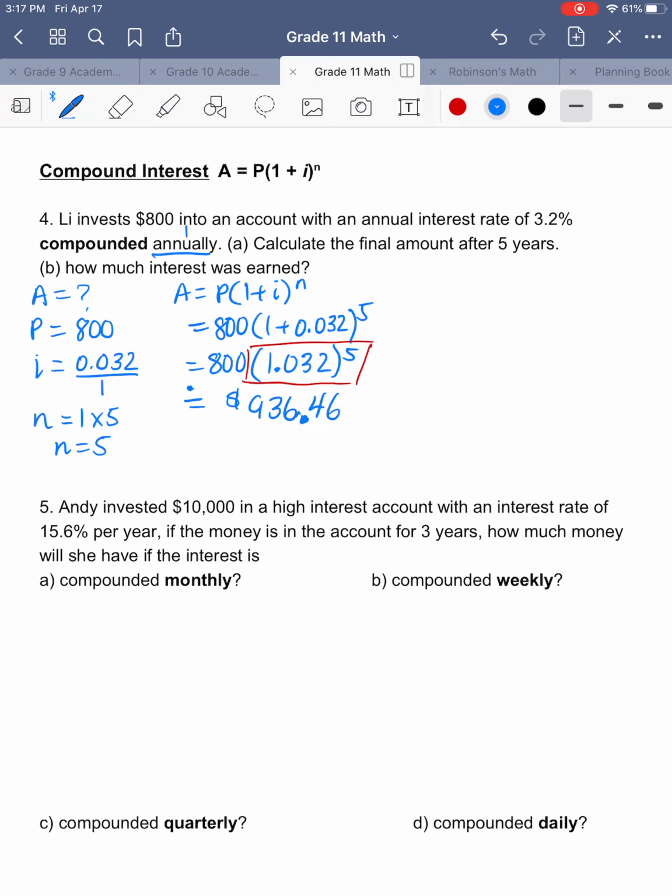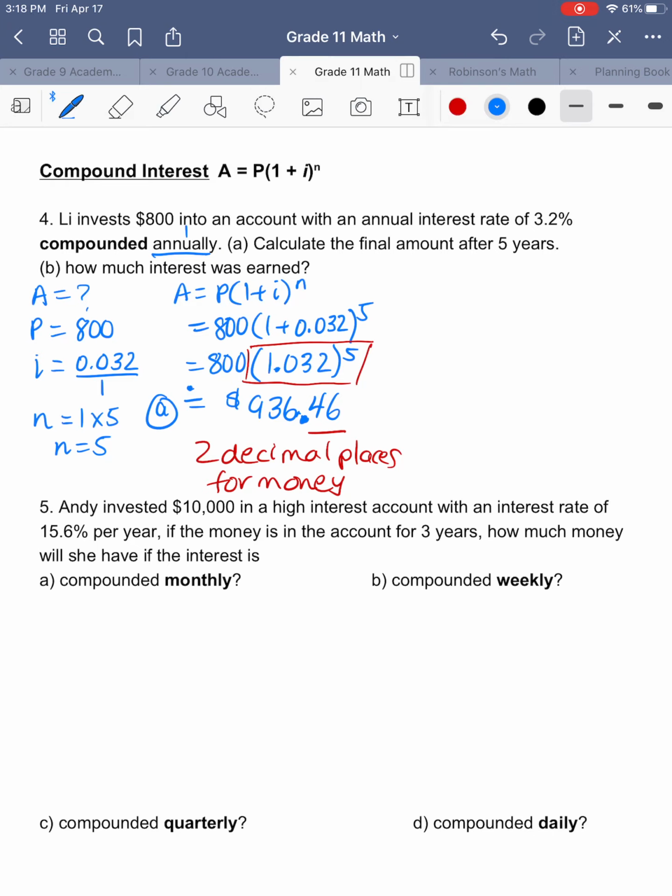Remember, when we have money, we always want to round to 2 decimal places. So this is the answer to part A. So there's part A, there's our final amount.